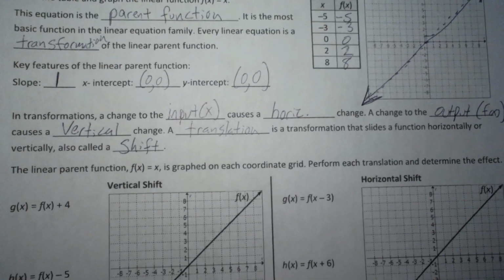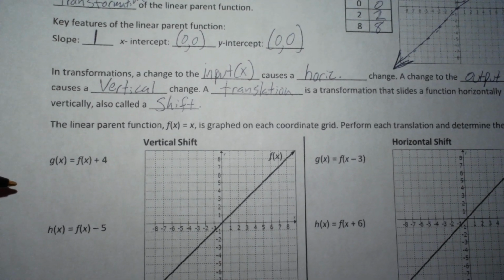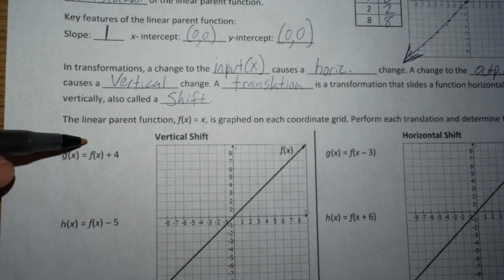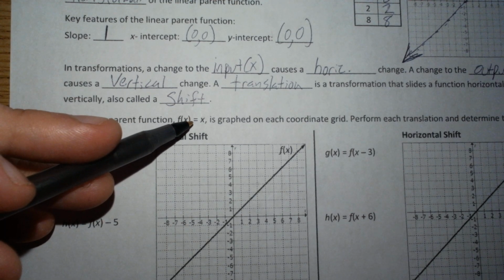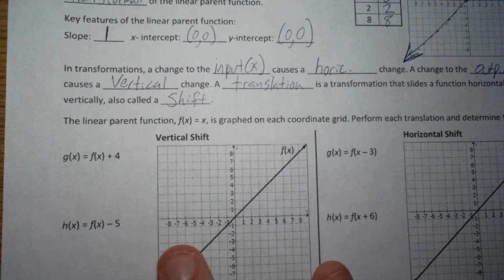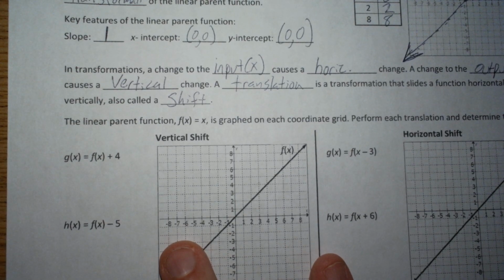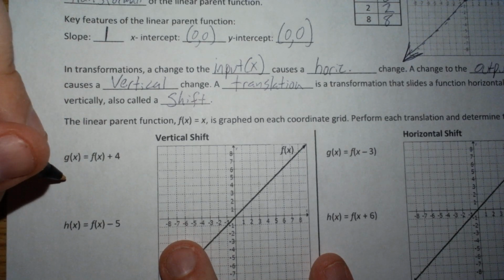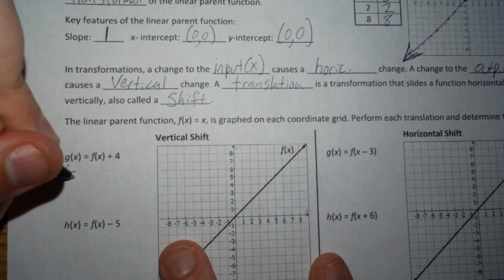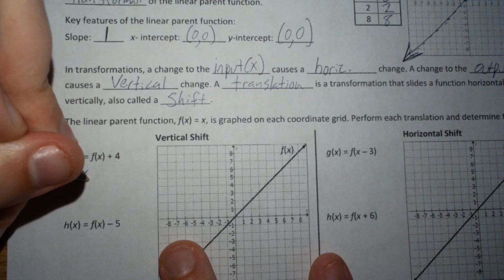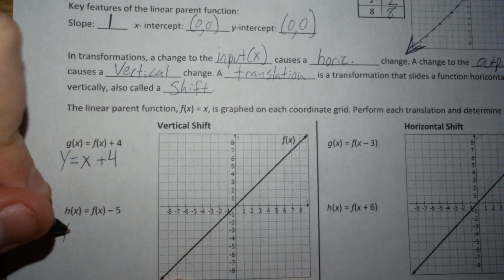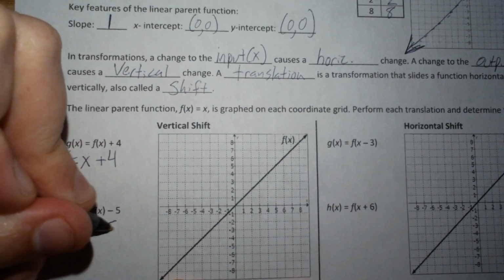So if we have a vertical shift, if f of x is just y equals x, the way I would write this for a vertical shift would be y equals x plus 4, or y equals x minus 5.